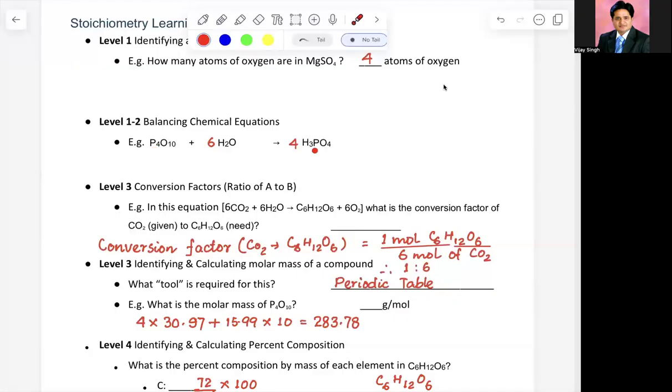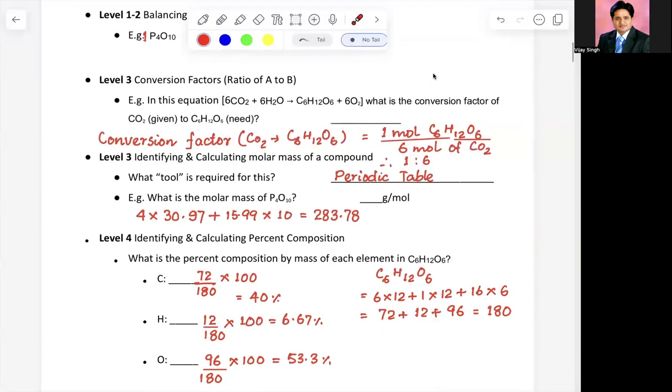So first we can balance the phosphorus. So we multiply by 4 here. But in the process, you have changed the number of hydrogen. So hydrogen is 12. So you multiply by 6 to make it 12. So your answer is going to be 1 P4O10 plus 6 water gives 4 H3PO4.